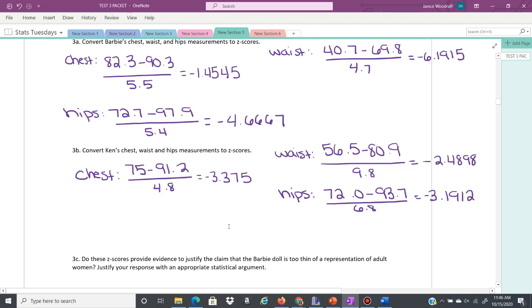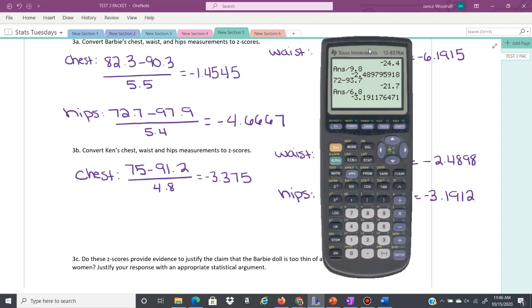I would say, yes, these z-scores do provide enough evidence to justify the claim that Barbie is too thin of a representation because all of the values are less than the mean measurements for adult American women. So I'd say that. And then to prove it with a statistical argument, I would find the percentages for each of these.